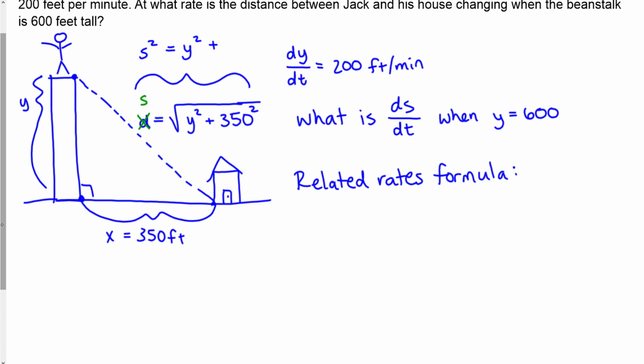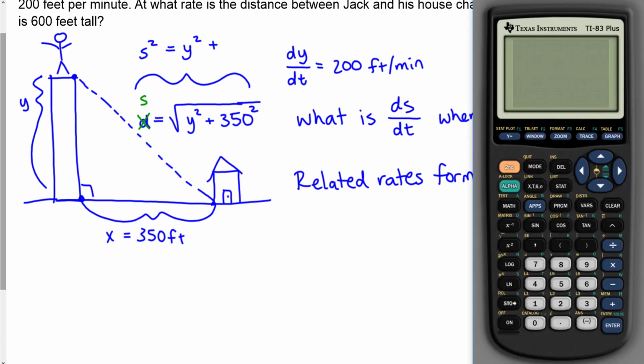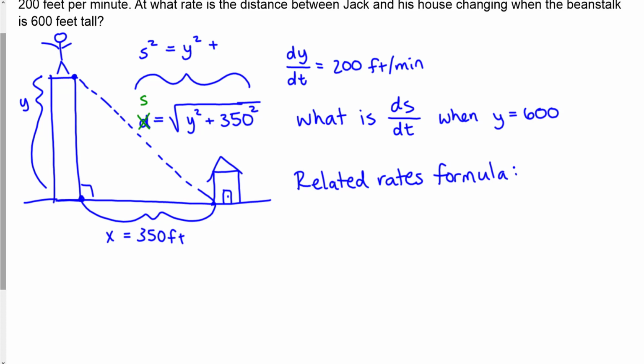Let me find out what that is. 122,500. That's the formula that I'm going to use here. Now, when I get a related rates formula, I would be taking the derivative of that formula with respect to t on both sides.